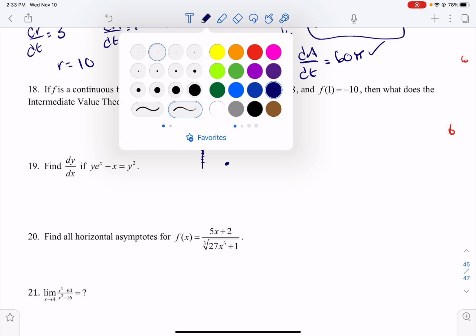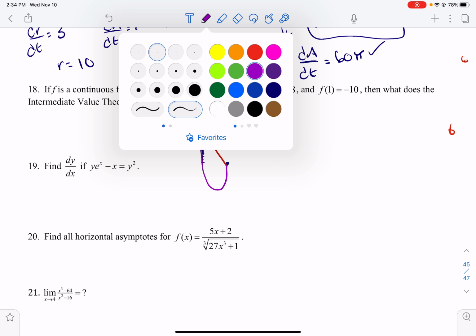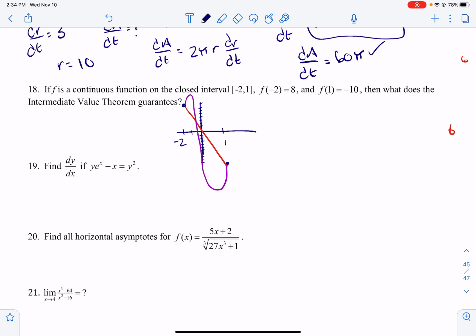So f could be a lot of things. f could be a straight line that goes like that. f could also be something that goes up and goes down and comes back up. I don't know. All I know is those 2 points exist. So what does it want me to say? What does the intermediate value theorem guarantee?